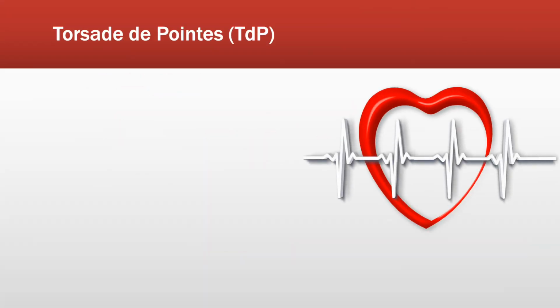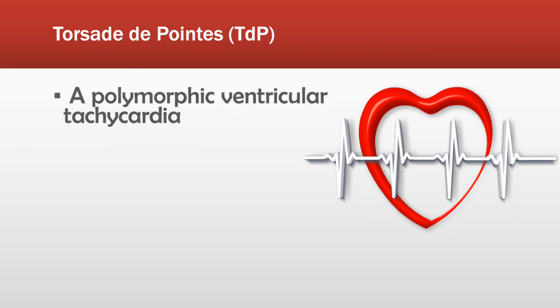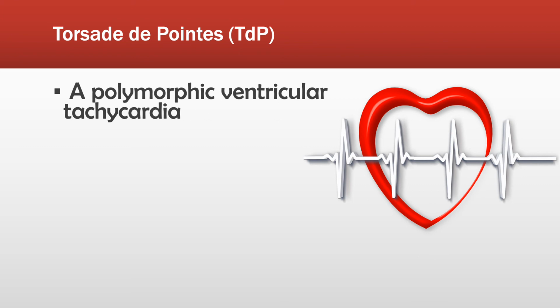Before looking at the risk factors, let us disambiguate what Torsade de Pointes really is. For the purpose of this presentation, Torsade de Pointes shall be referred to as TdP. TdP is a polymorphic ventricular tachycardia in patients that have a prolonged QT interval.